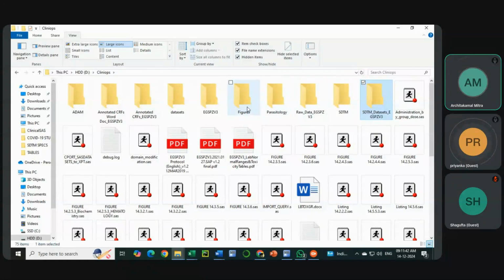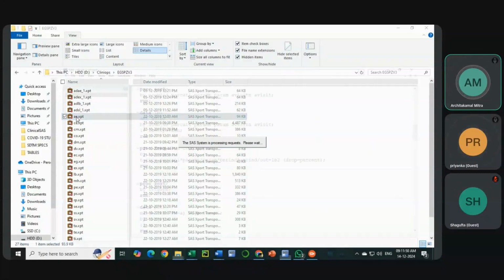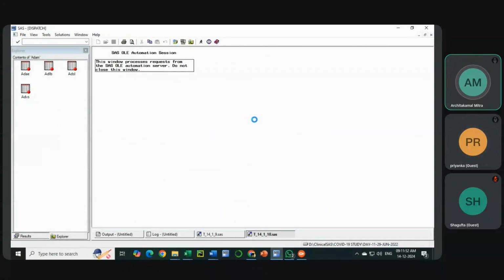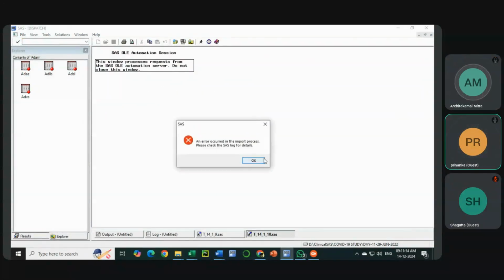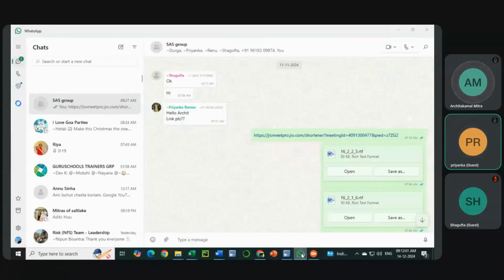XPT files, right? Dot XPT. I don't know if it will open if I double click. No, it won't come like this. You have to upload. You have to take it up somehow.